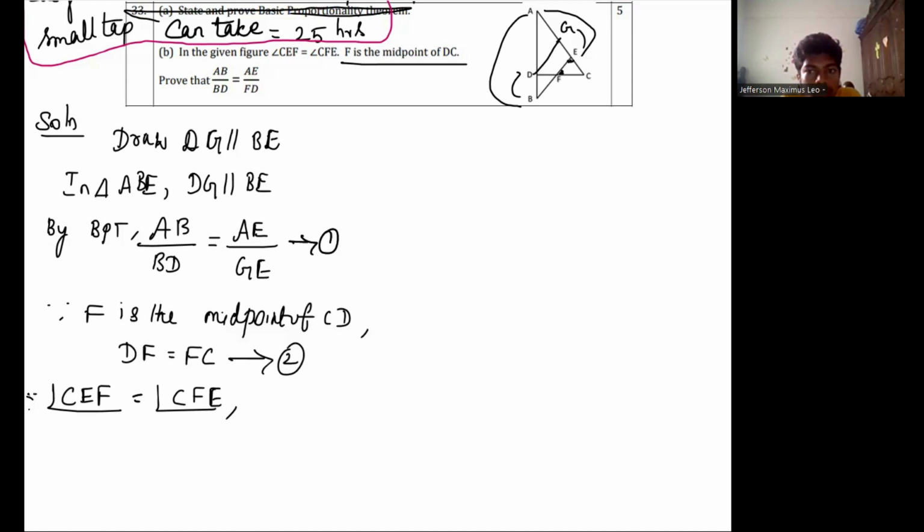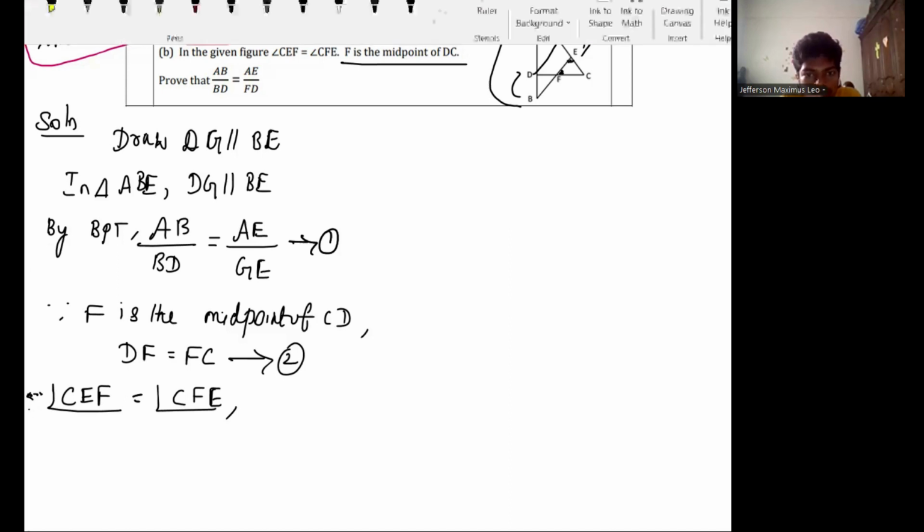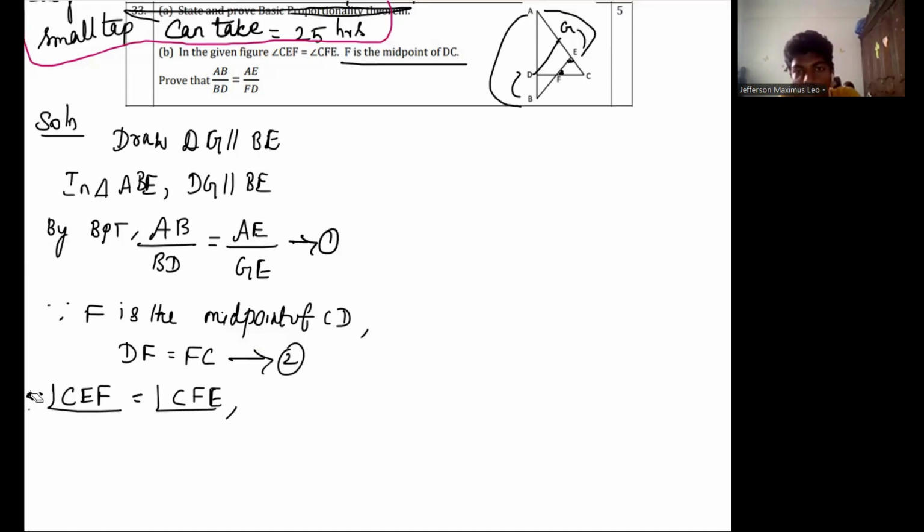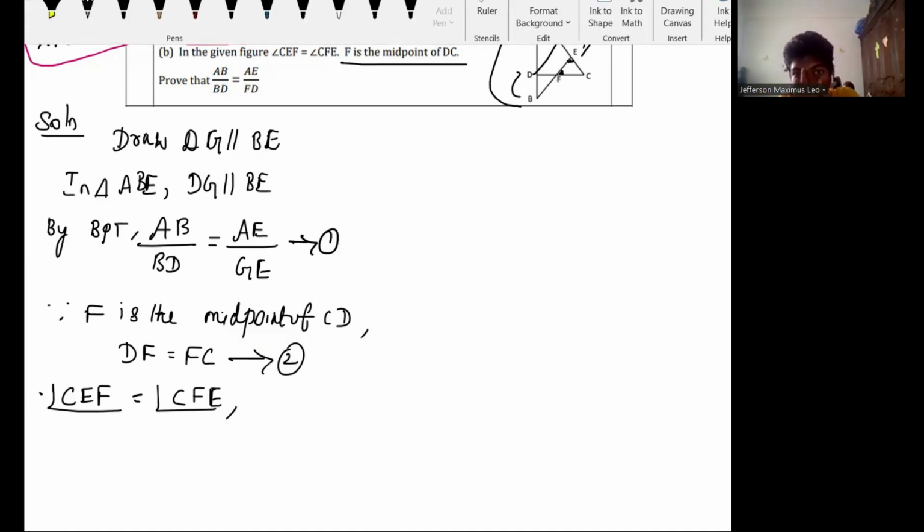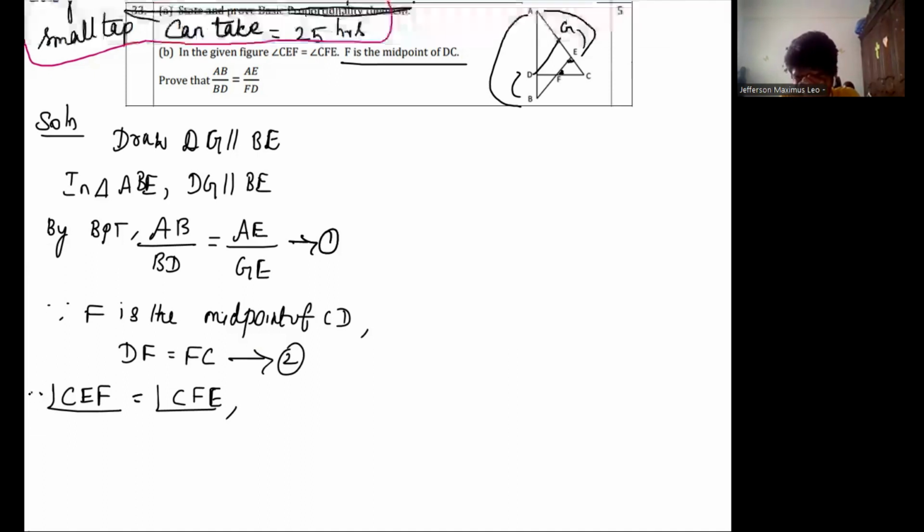Since CF is equal to CE, or EC, take this as number 3. DF is equal to FC, FC is equal to EC, therefore DF is equal to EC. Yes, ma'am. DF is equal to EC.